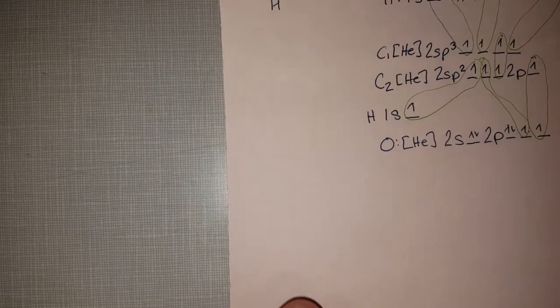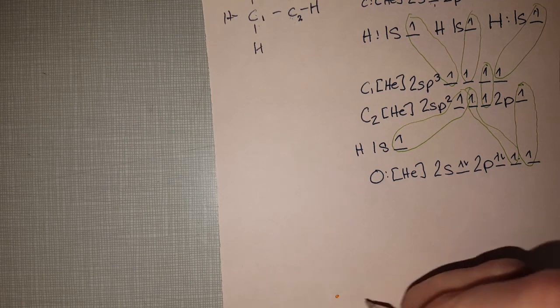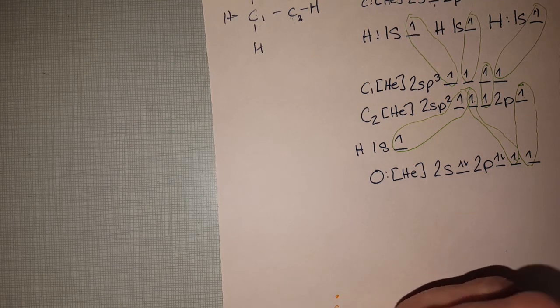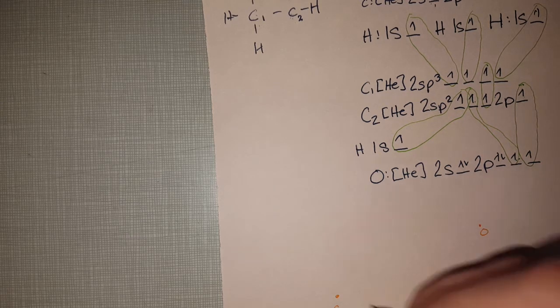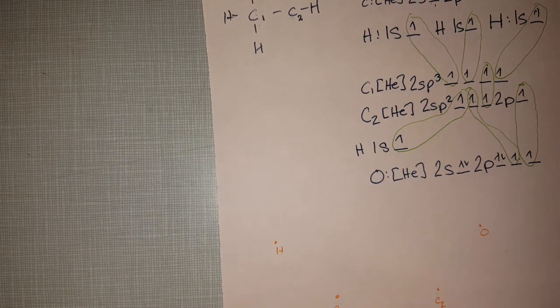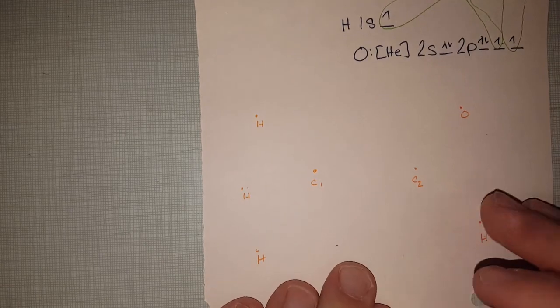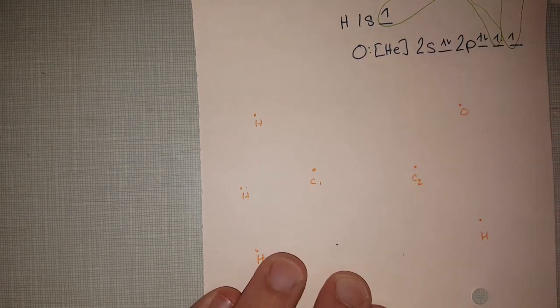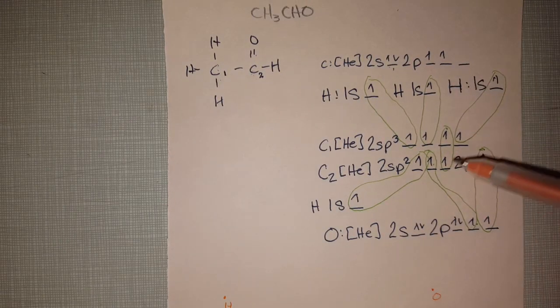So now when I go to draw, again I want to put my central atoms. That's my first carbon, that's my second carbon, there's my oxygen. And so if we look at this first carbon, it has 1 bond that is overlap with the other carbon of 2 hybrid orbitals.